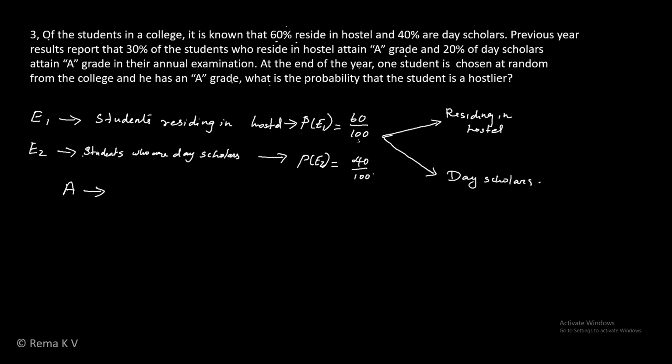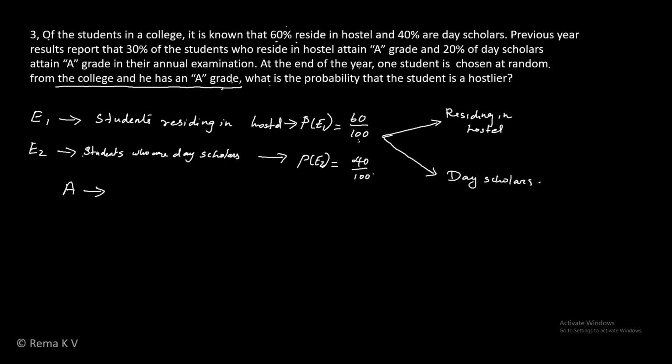What is the known condition here? Previous year results report that 30% of the students who reside in hostel attain A grade and 20% of day scholars attain A grade in their annual examination. At the end of the year, one student is chosen at random from the college and he has an A grade.